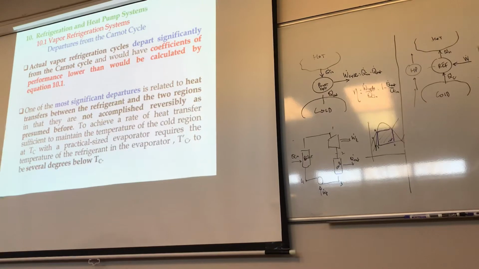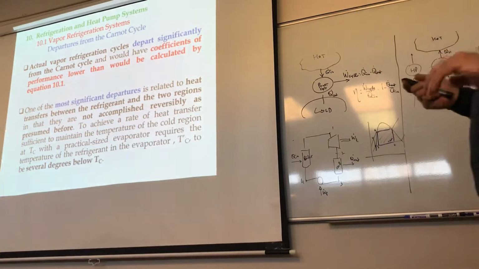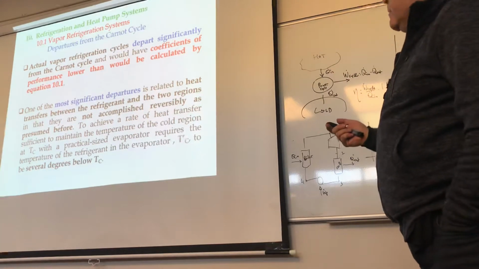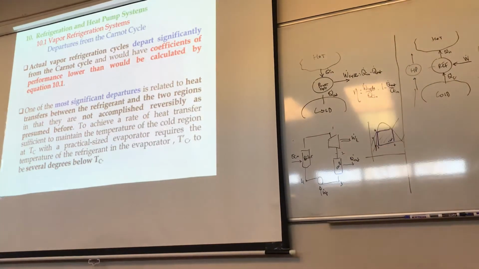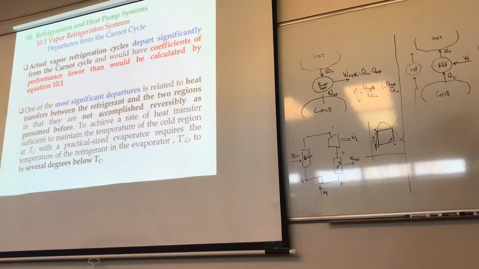It says the actual refrigeration cycles depart significantly from the Carnot cycle, and the coefficient of performance would be much lower than that, because remember beta max is equal to TC over TH minus TC, because that curve that we have kind of looks like this.